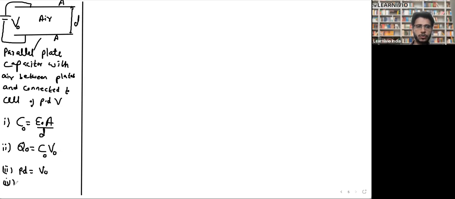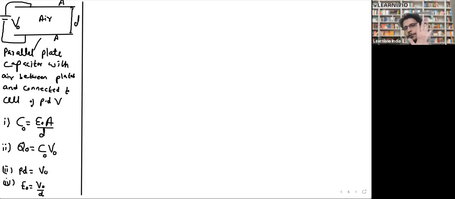Fourth, we can calculate electric field between the plates. Electric field is potential difference divided by the separation between the plates of the capacitor. And the last is the energy stored. Fifth one. The energy stored between the plates of the capacitor is half C naught V naught square. See, these are five different conceptual questions.